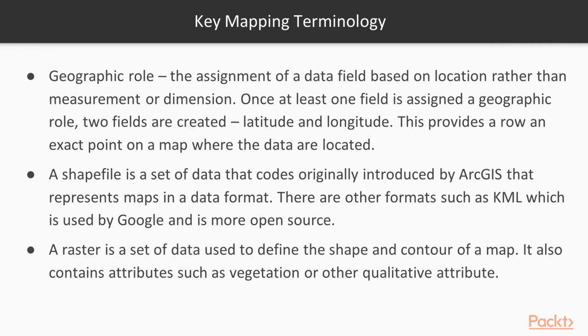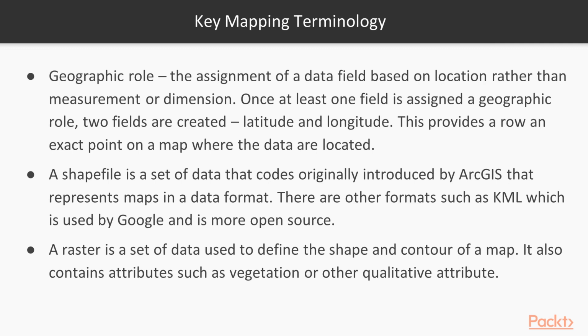And finally, a raster. A raster is a set of data used to define the shape and contour of a map. So if you are mapping something that is a very small area, let's say a creek bed or a hillside, and you have all of these very important geographical features, like elevation, for example, which may affect the shade that a plant can grow in near a creek, you really need to know all of those details.